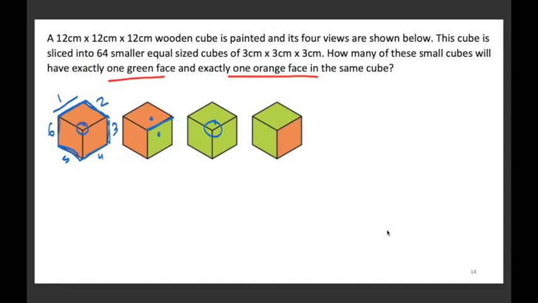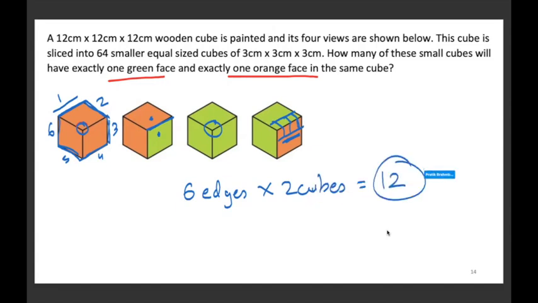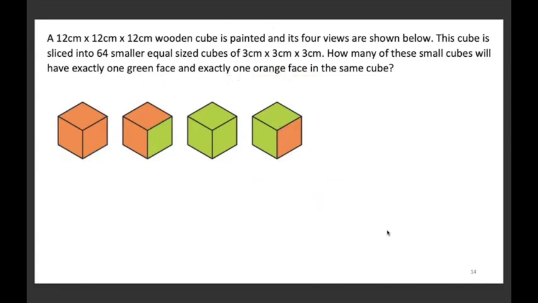Within this edge, the cubes formed are 2 on the corners and then 2 in the middle. These 2 cubes in the middle will have exactly one green and one orange face. Like these, we have 6 such edges. So 6 edges multiplied by 2 cubes on each edge, which is equal to 12 cubes. Answer is 12.